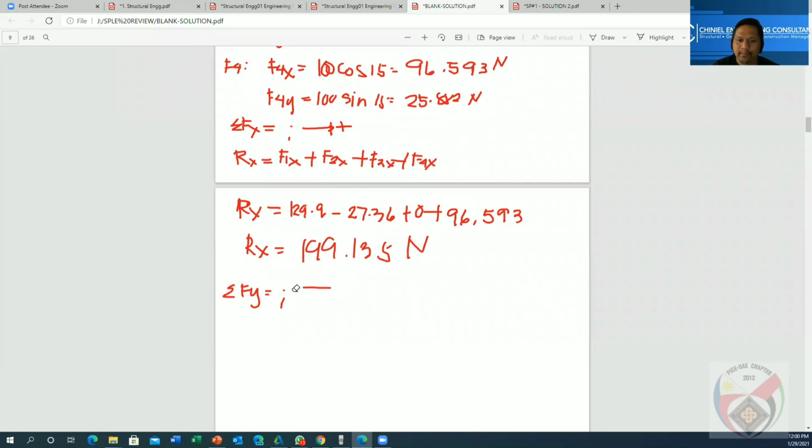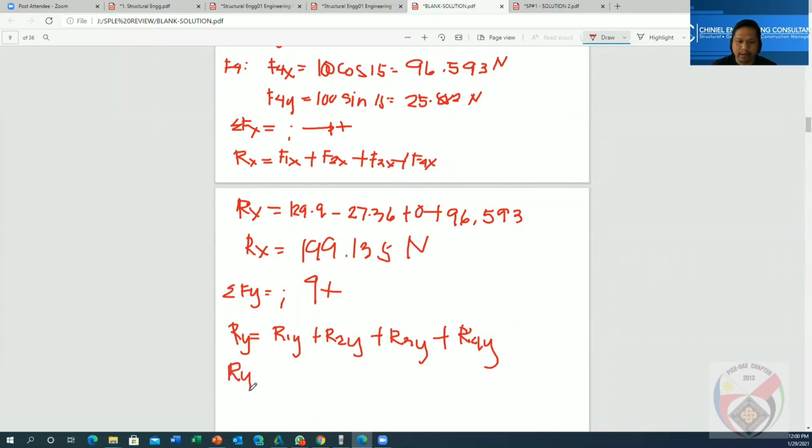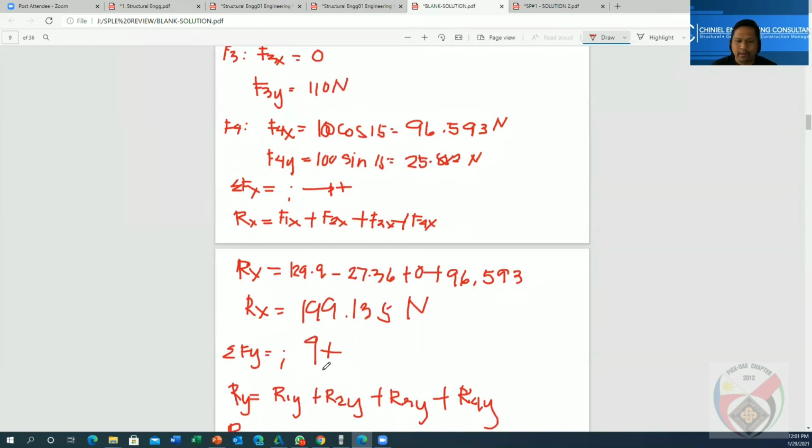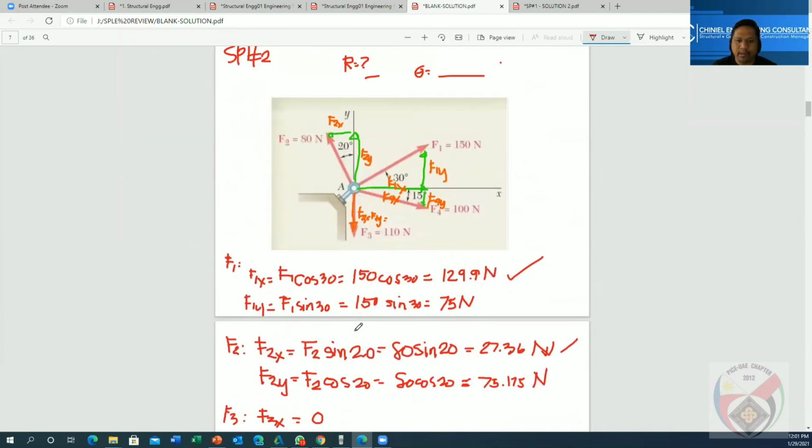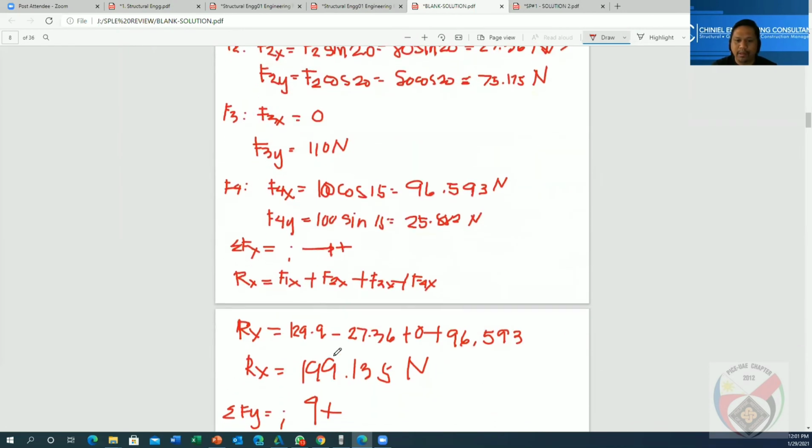Then, summation of forces along Y such that going up is positive. Going up is positive. So Ry equals F1y plus F2y plus F3y plus F4y.